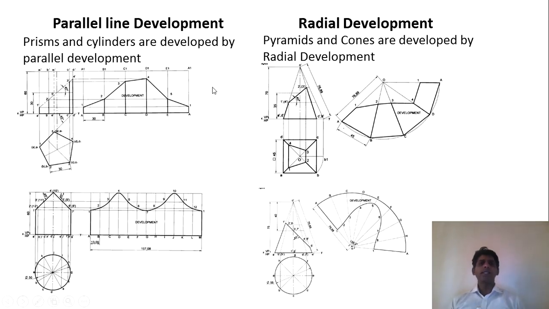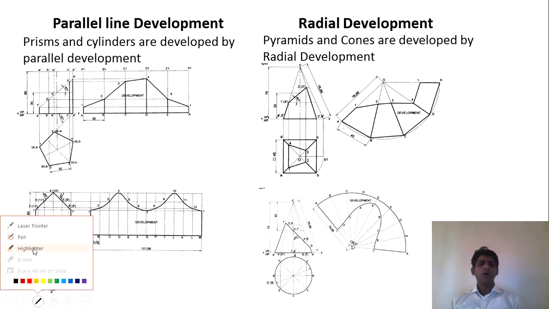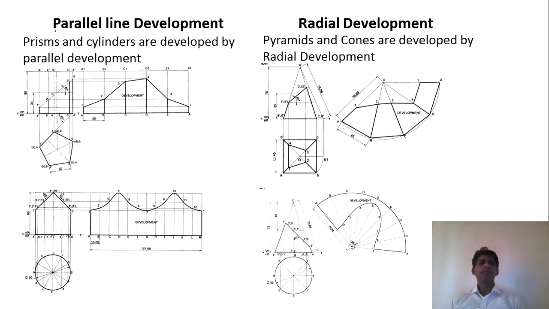Now there are two methods for development of simple solids. The first one is the parallel line development, and the second one is the radial line development. The parallel line development is used for prisms and cylinders.